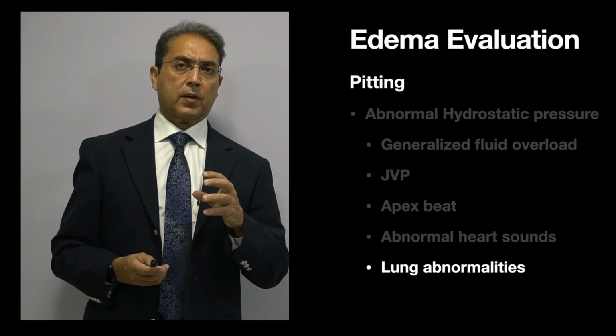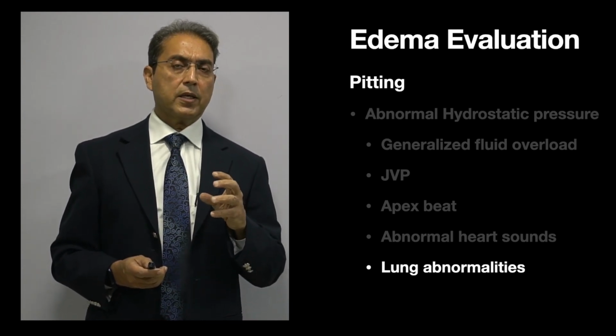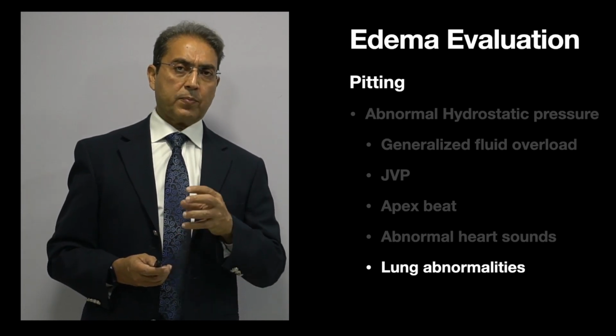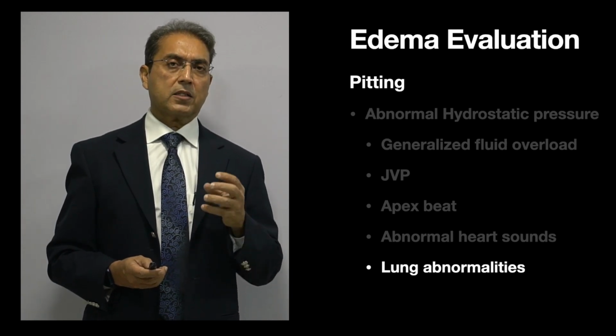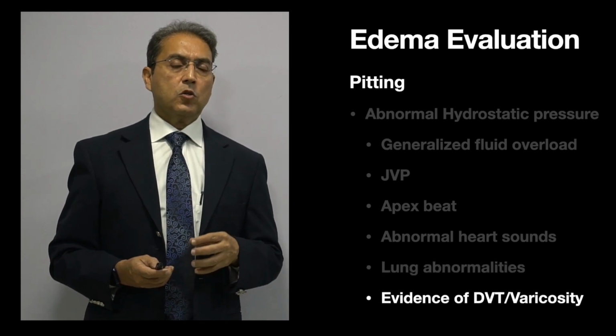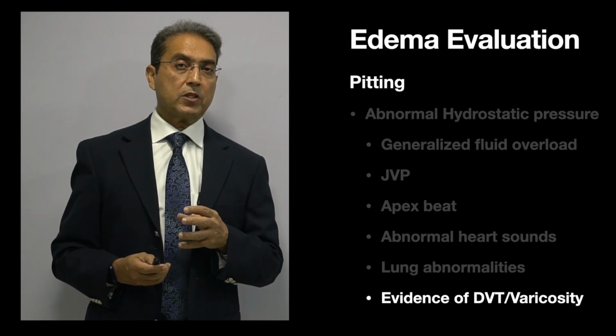And then you look for lung abnormalities, because in chronic obstructive airway disease, there is right heart failure because of pulmonary hypertension. So that may give us a clue that this patient may have developed cor pulmonale, that is heart failure because of lung disease.